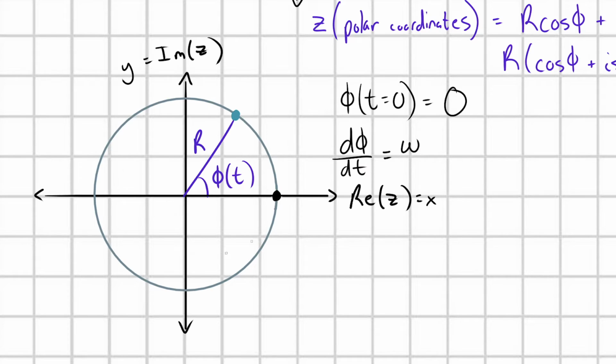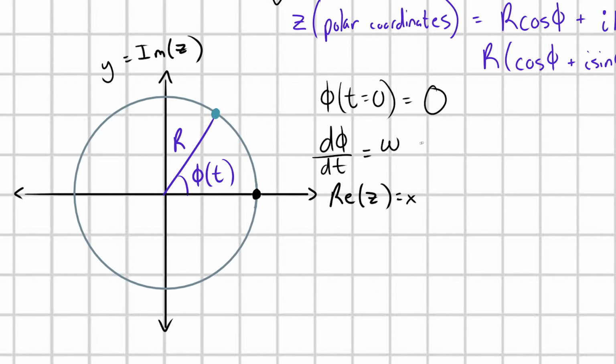It has a uniform angular velocity. And so my angle as a function of time is equal to omega times t. Hopefully that's absolutely clear.